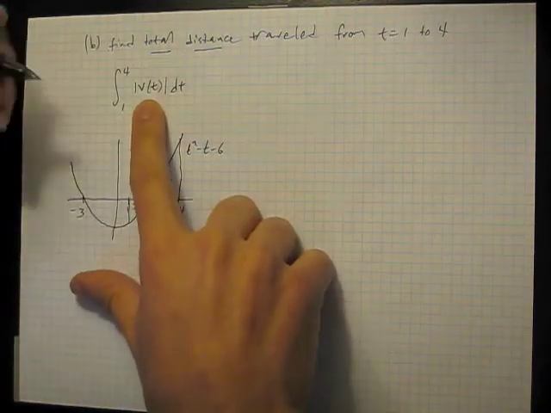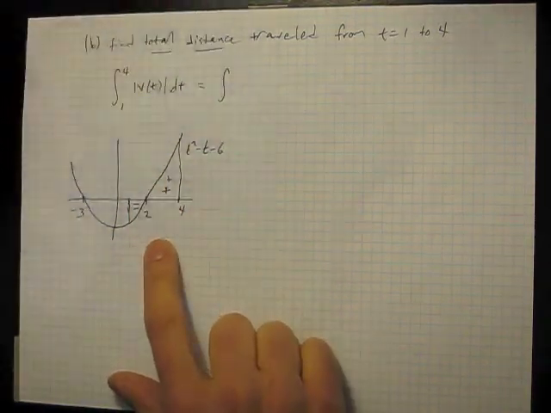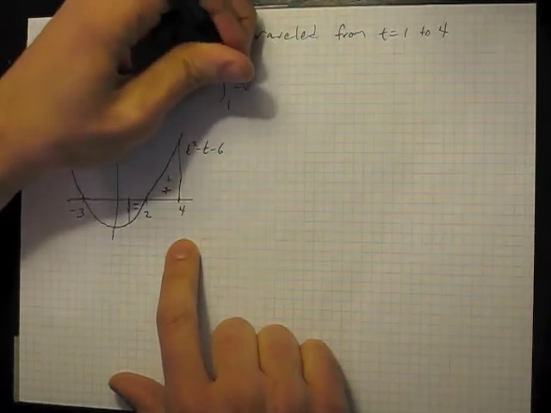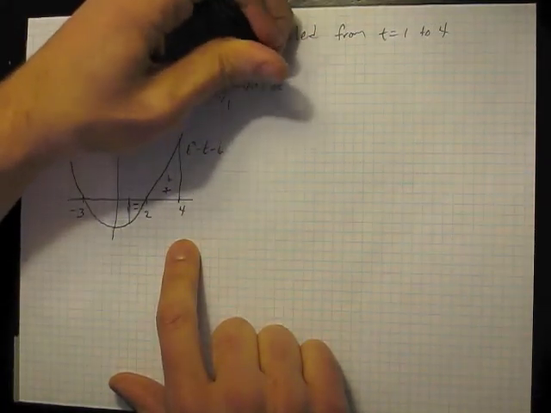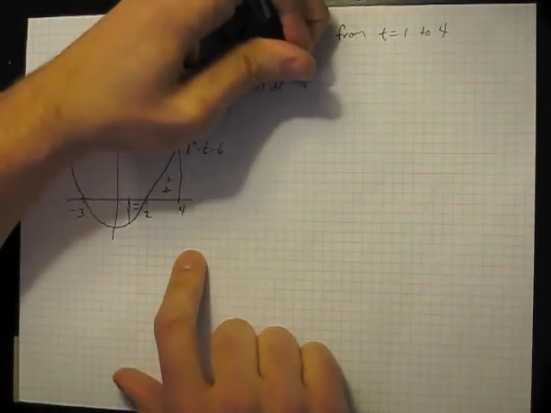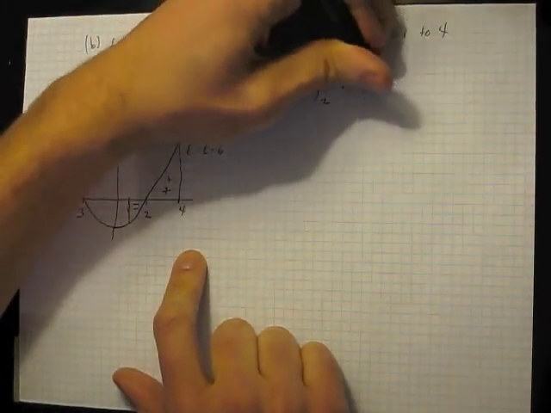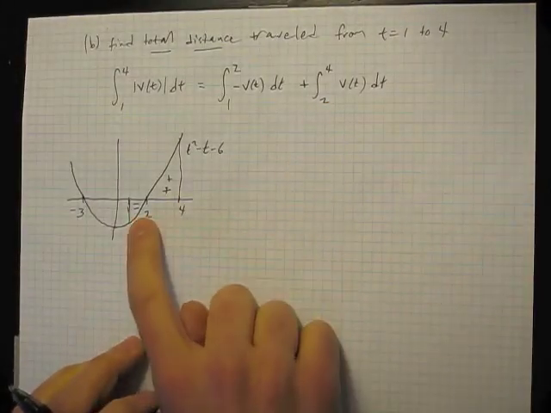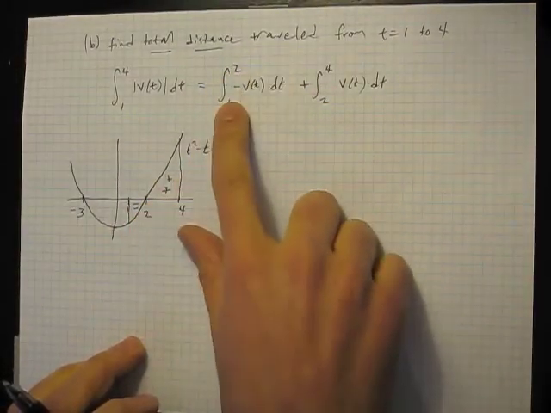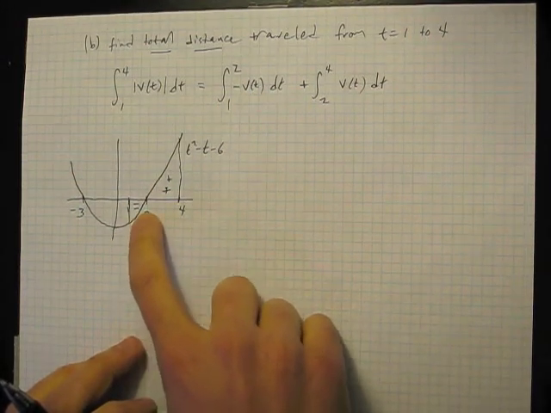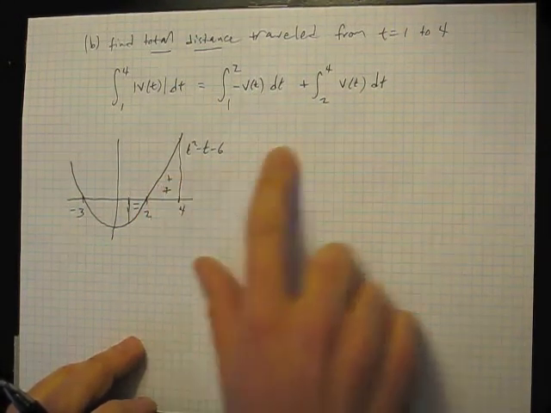So for the absolute value of this function, we're going to split this integral up. From 1 to 2, we will take the negative version of the velocity so that we count it moving forward. And then from 2 to 4, we will just take the positive version of the velocity so that it's moving forward. So this will make the area, which would be negative from 1 to 2, positive, and keep the area from 2 to 4 positive.